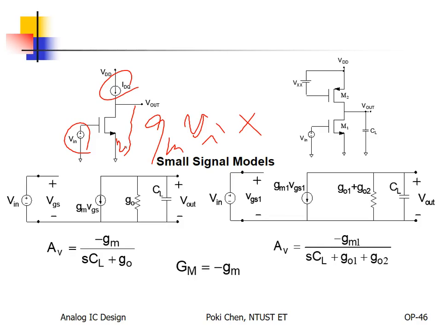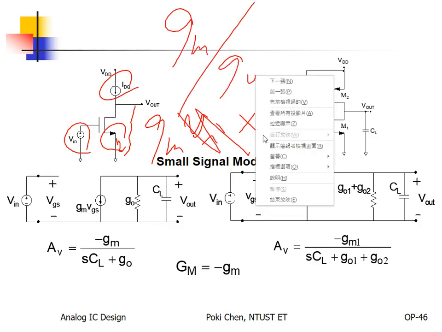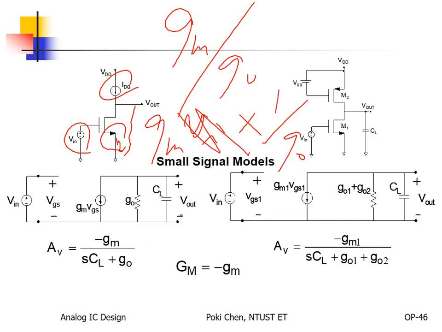Right? That's it. What is ro? The inverse of go. That's it. So what is the gain? gm by go. Okay? But we need to concern, that is a very easy idea. If you are interested, you can do such kind of analysis, calculation by applying such kind of small signal equivalent model. Finally, you will get the same thing.